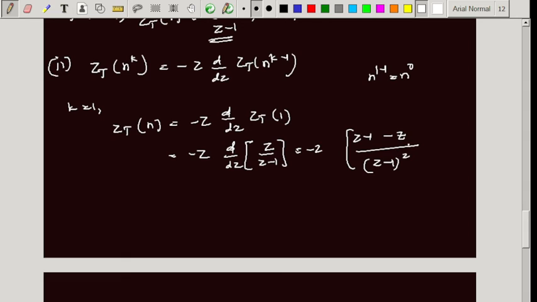So here we can cancel z. So minus into minus, we can write it as z divided by z minus 1 whole square. So this is nothing but z transform of n.